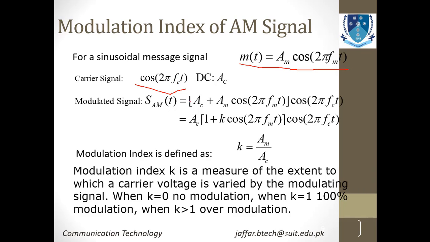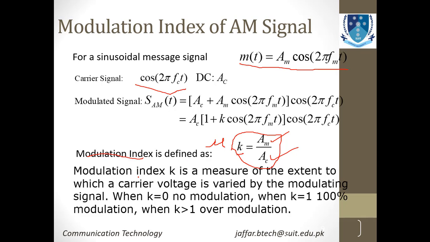If you modulate these, you will get this equation, and the modulation index is defined as the ratio between the amplitudes of the modulating signal and the carrier signal. That is known as the modulation index, or you can call it K, or mostly it is defined as mu in the AM techniques.